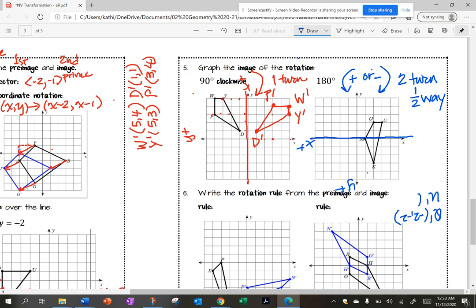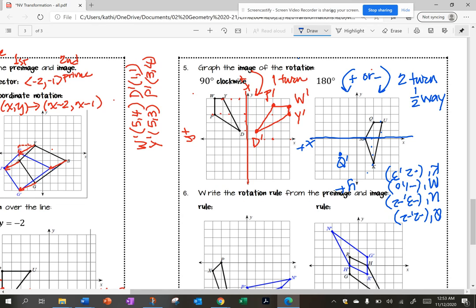negative 1, 2, 3, 1, 2. Negative 3, negative 2. M prime is going to be negative 1, 0. And K prime, negative 1, 2, 1, 2, 3. Okay, now I'm going to go plot those points. So negative 2, negative 2, 1, 2, 1, 2 is Q prime.